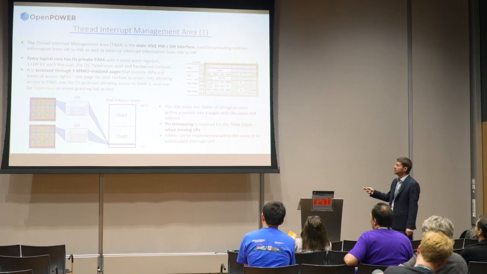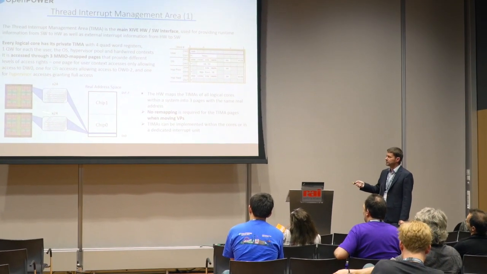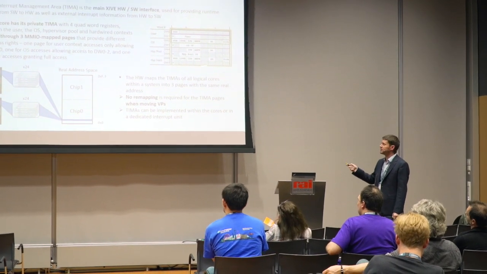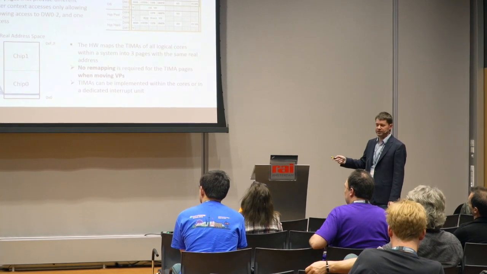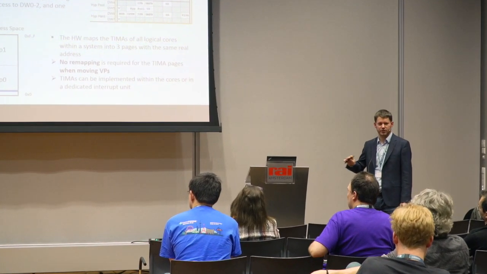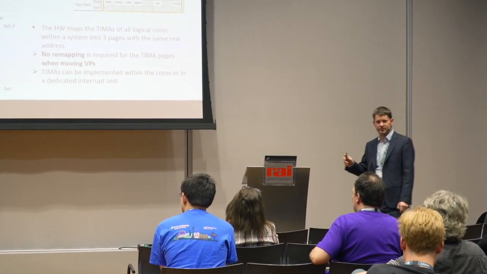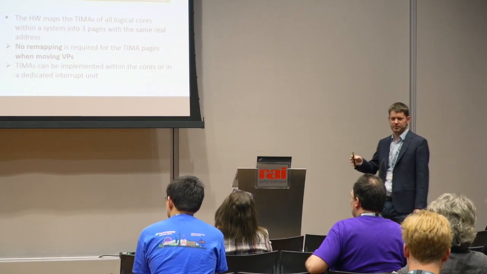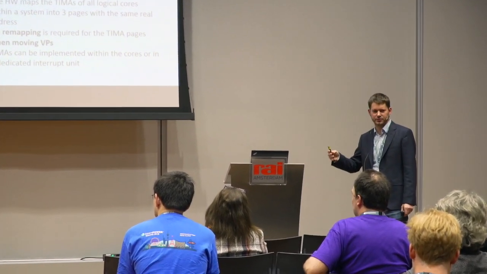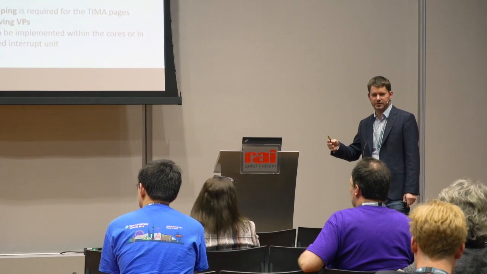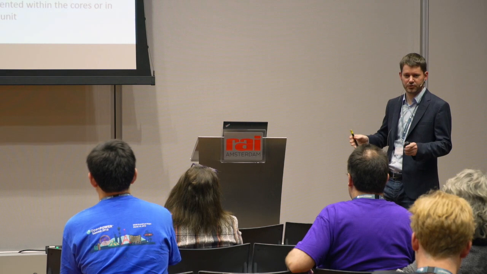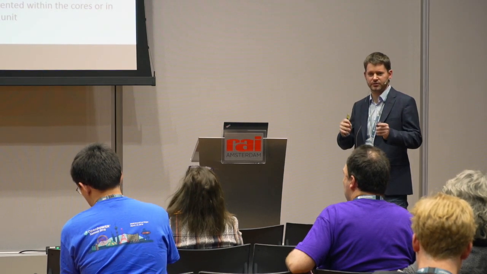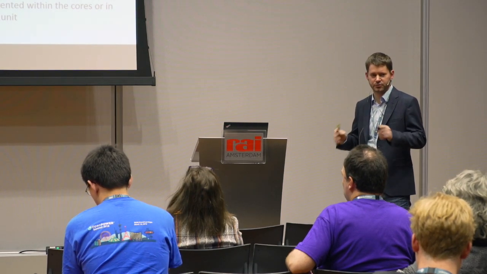So if I have an operating system that was running on one core here and was accepting an interrupt, if it's running now here, it needs to target the exact same real address, which means that we don't need to remap the pages that we gave out into OS or user space. So this basically means that we don't have any overhead independent of where we are scheduling the virtual processor. We never have to remap the pages.